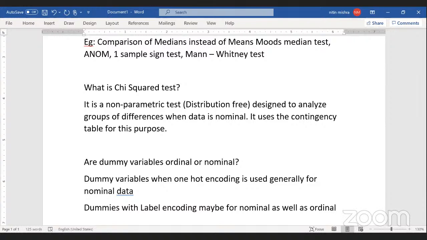So given this background, if I have nominal data, categories that are nominal, and I go ahead and do the one hot encoding, that is, I create multiple columns, as many columns as there are categories, or n minus 1 columns. If there are n categories to a particular variable, then it is treated only as nominal. It cannot be treated as ordinal because everything is independent.